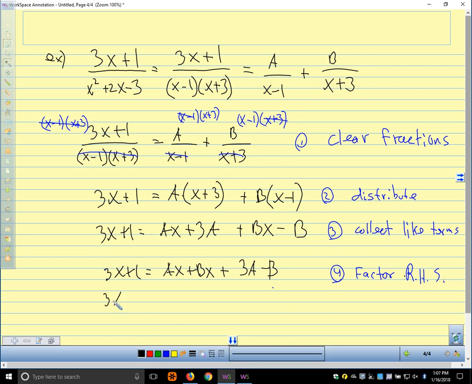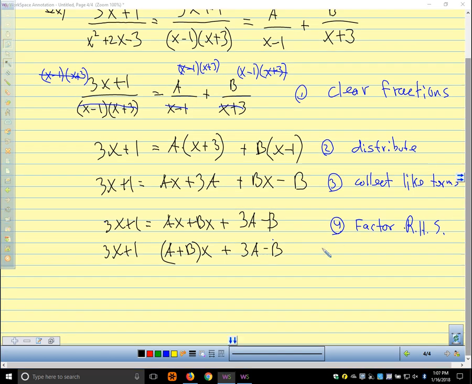So I get 3x + 1 equals, I'm going to factor the x out, but I'm going to write it like this, (a + b) times x, and plus these are just numbers, 3a - b. And now we're going to equate coefficients.